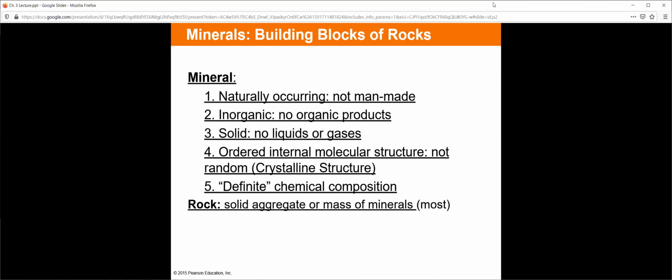And lastly, a mineral has a definite chemical composition, meaning, again, those points 4 and 5 essentially tell you that if you look at a mineral and you go to a different part of the world and find that same mineral, they're going to be the same thing. You're not going to have variance in that way. So a rock, as opposed to a mineral, is an aggregate or mass of minerals.